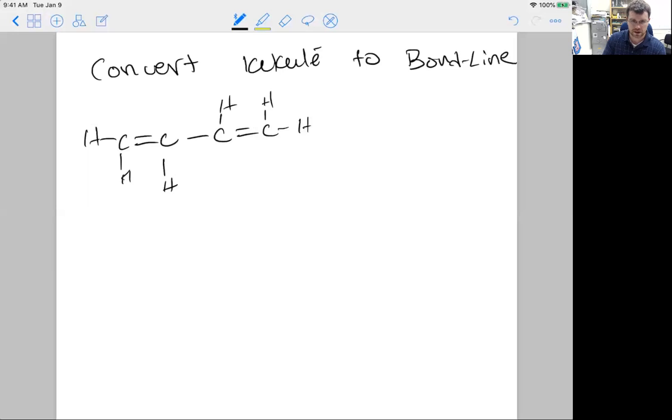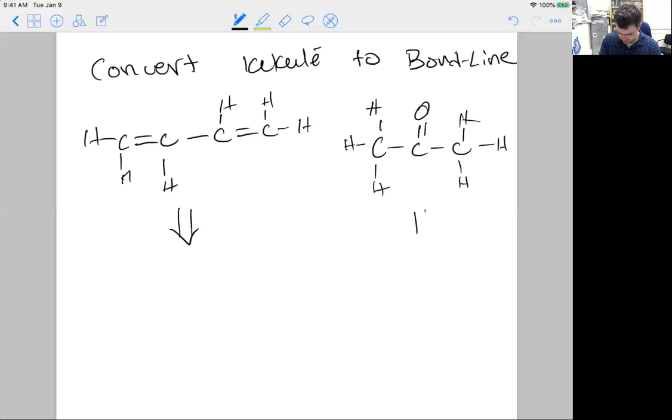Okay, so we've got a couple of examples here. What we want to do is convert these to bond line structures. These are both Kekulé structures as they have been drawn.